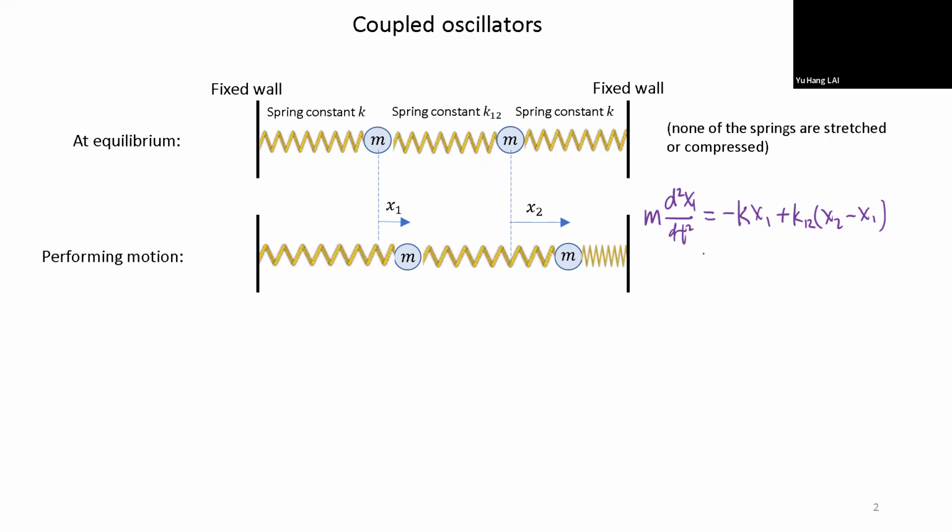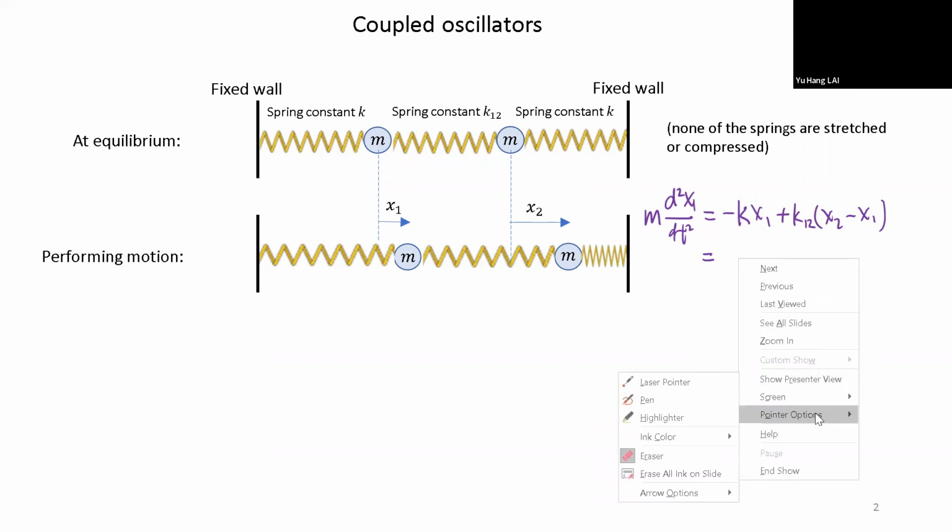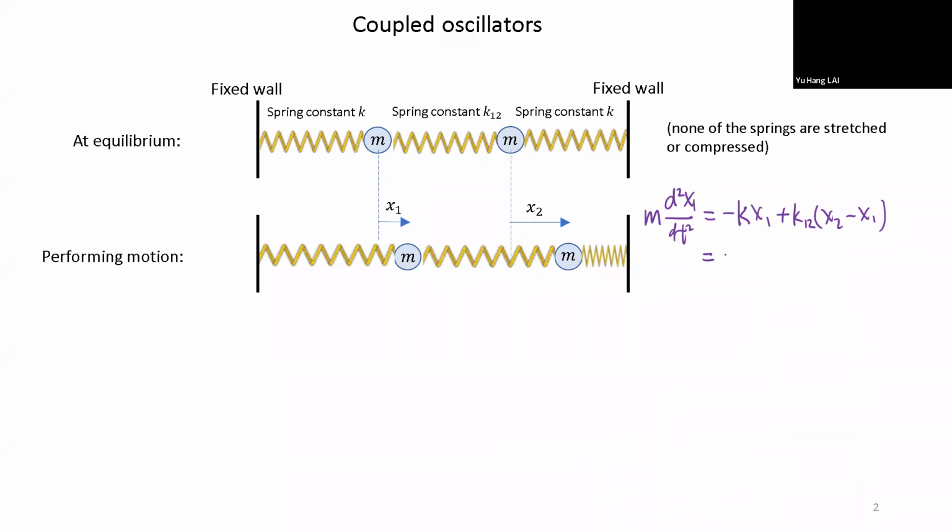Let me regroup the terms, so that this can be written as minus (k plus k12) x1 plus k12 x2.